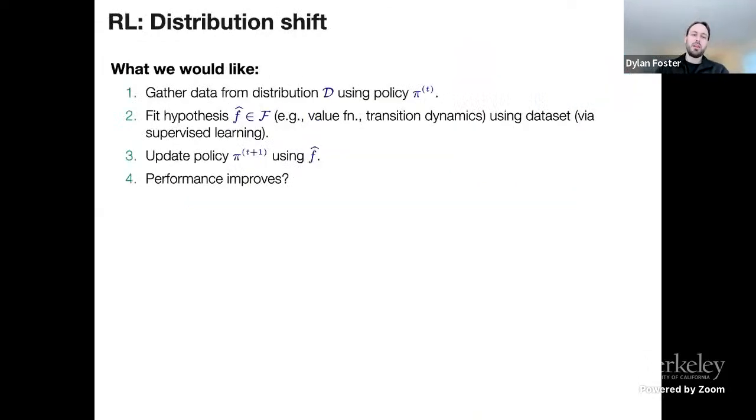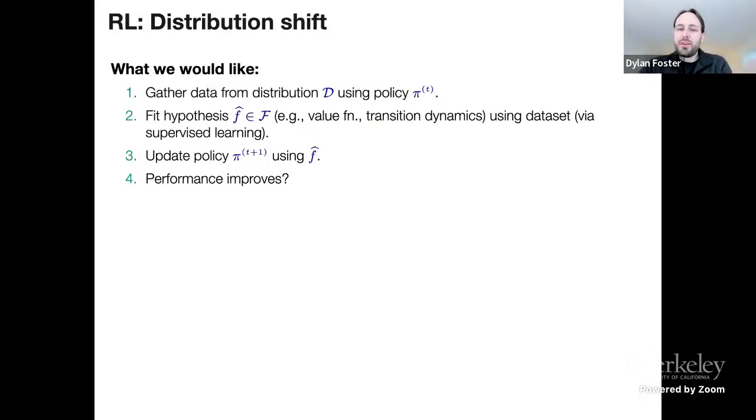The idea behind this issue is easiest to explain if we think about what an idealized reinforcement learning algorithm might look like. I've written an example out here, so let's go through this step by step. Let's say we have some policy we've computed. We're going to run it and gather some data from the distribution D that it induces over states and actions.